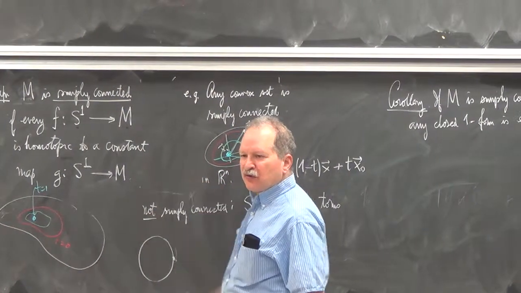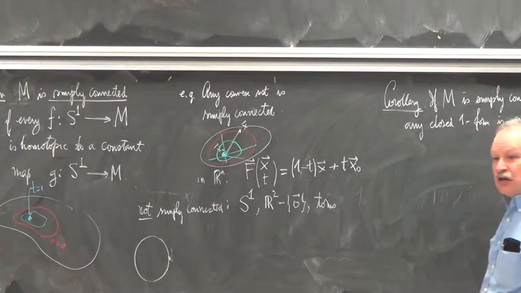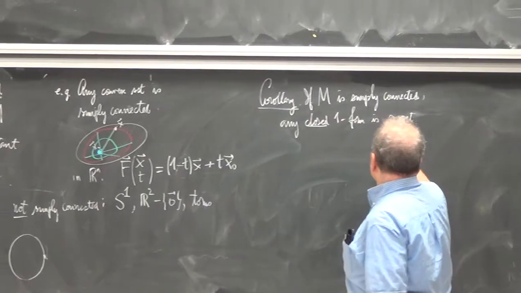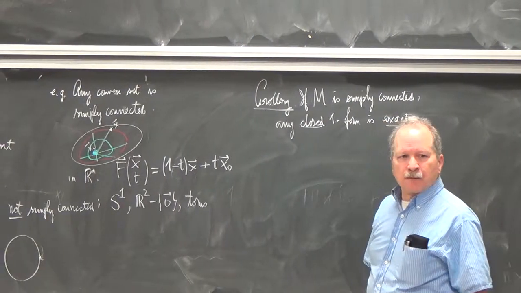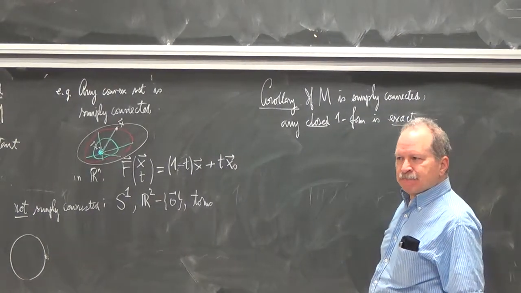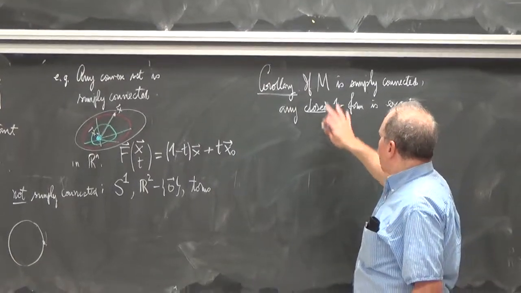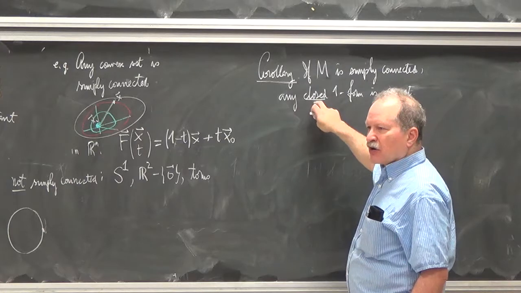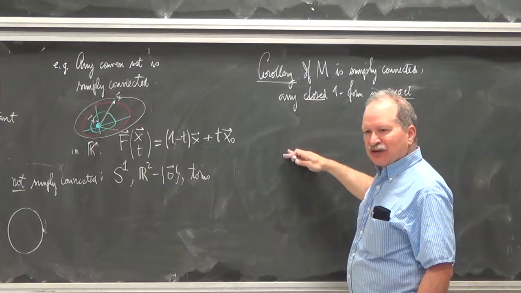What did we prove was a sufficient condition for a closed form to be exact? Not on the region, necessarily, but what was the following are equivalent?